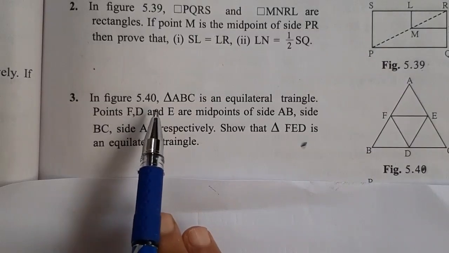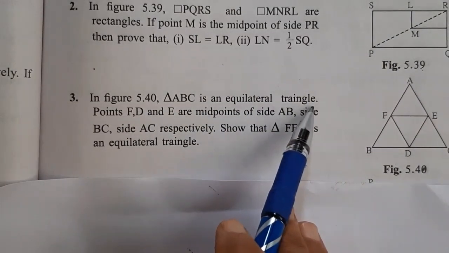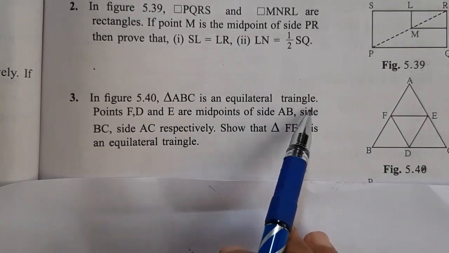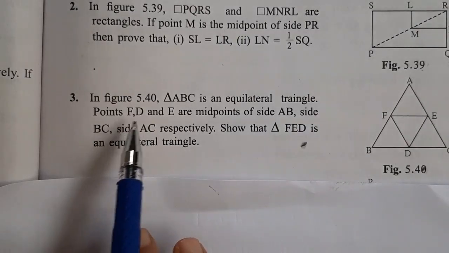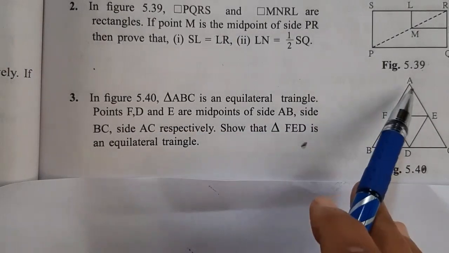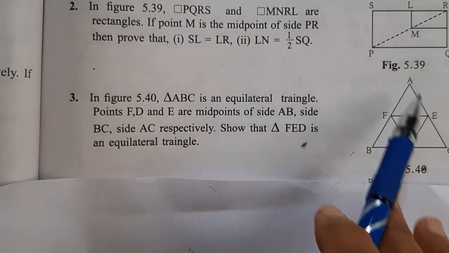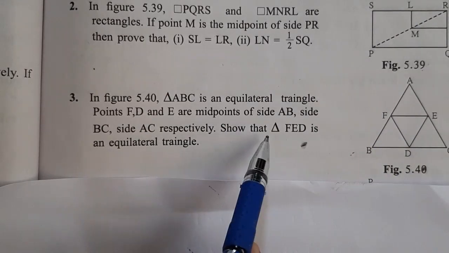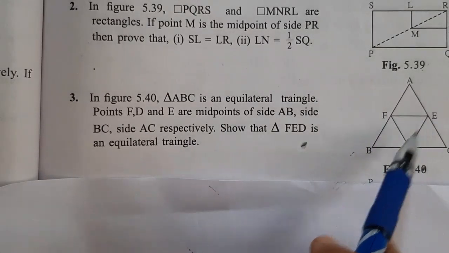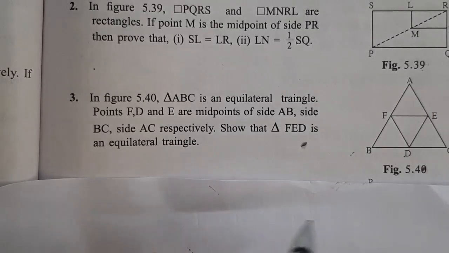In figure 5.40, triangle ABC is an equilateral triangle. Points F, D, E are the midpoints of sides AB, BC and AC respectively. Then show that triangle FED is an equilateral triangle. Okay, now see the solution.